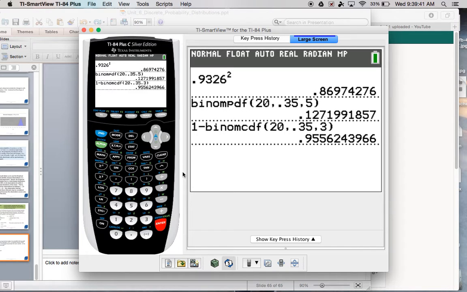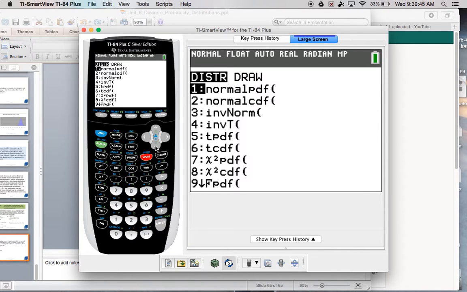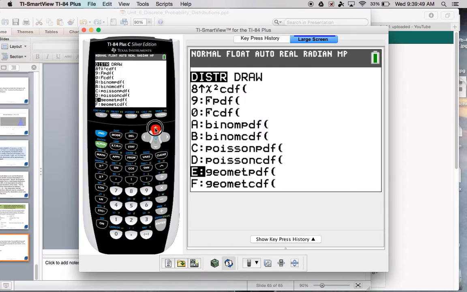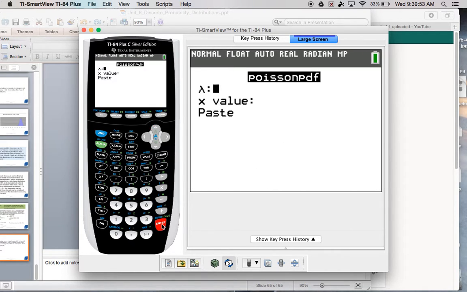So something like you would do this, once again, second vars. And if you see Poisson PDF right below the, okay? Now you have these letters. You have lambda, okay? So, for instance, we're going to use this as our mean.